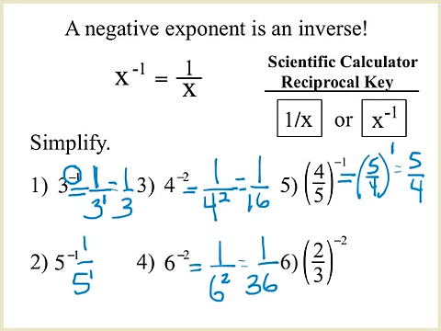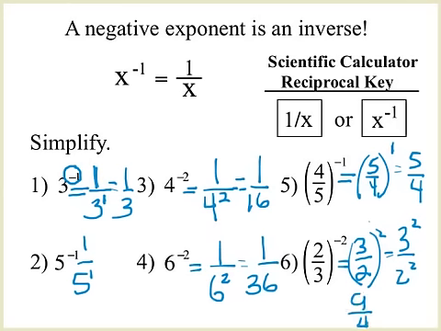Now try the next one. Now check your work. Going to take the reciprocal of 2/3, and take them both to the second power. 3 to the second power over 2 to the second power, which makes 9 over 4. There's your answer.